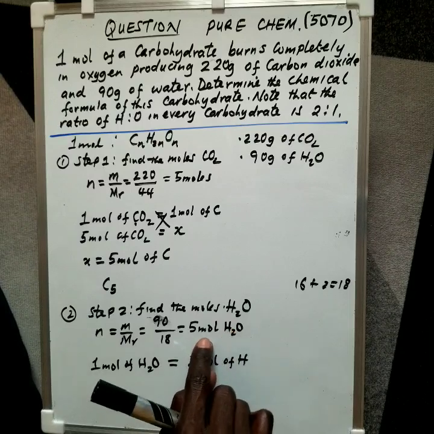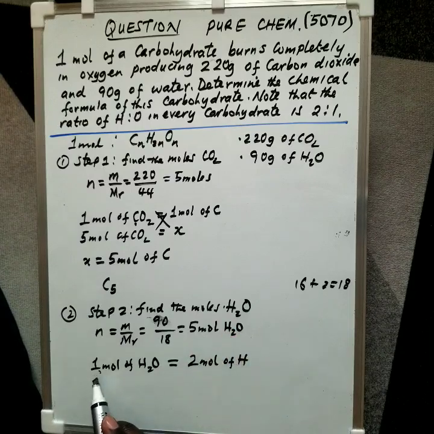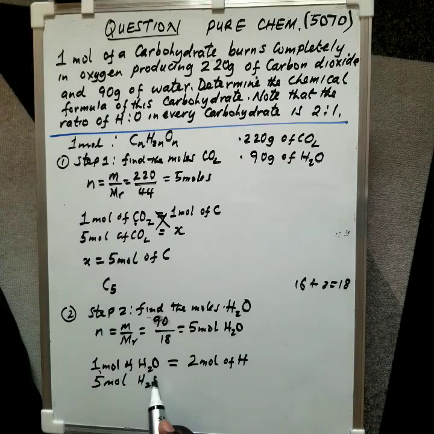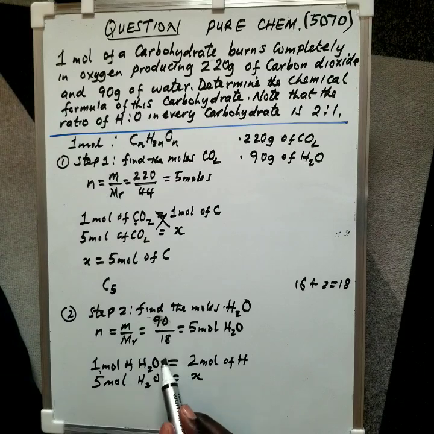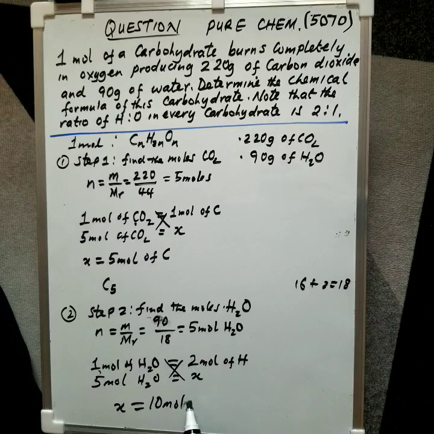Suppose I have 5 moles of H2O, how many moles of hydrogen are there? We don't know, so we again cross multiply. x is equal to 5 times 2, which gives us 10 moles of hydrogen.